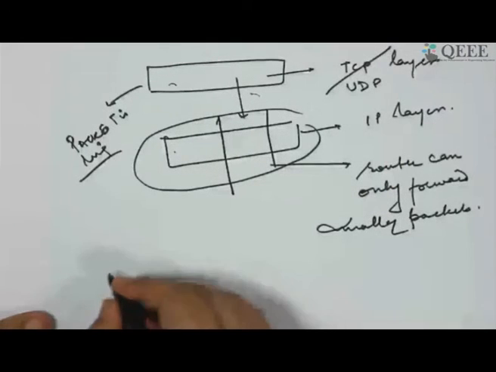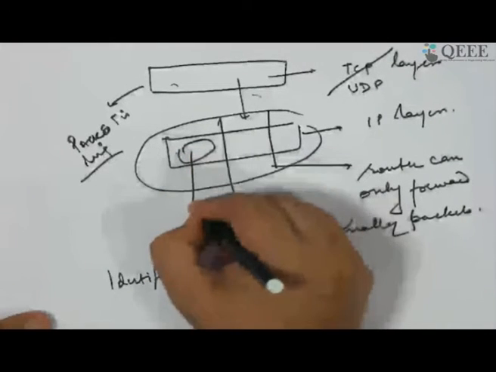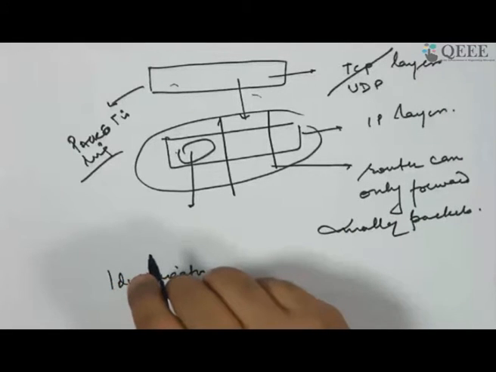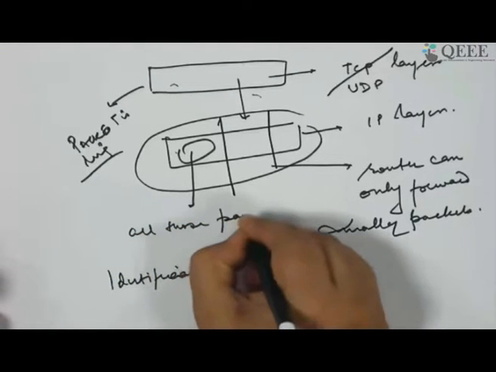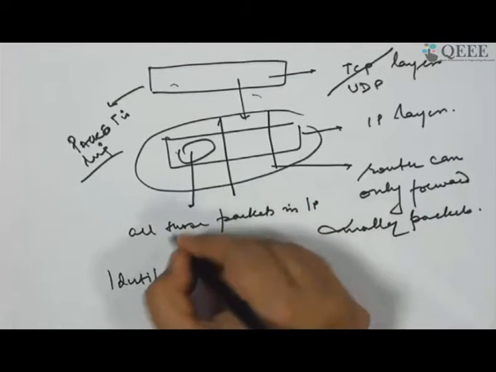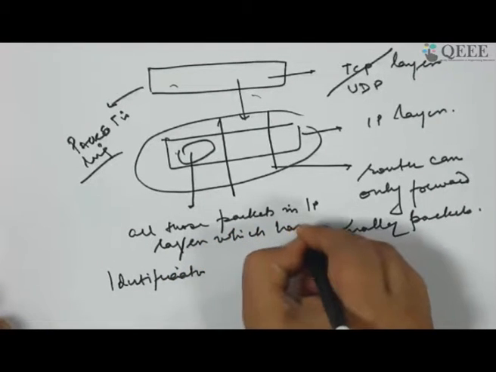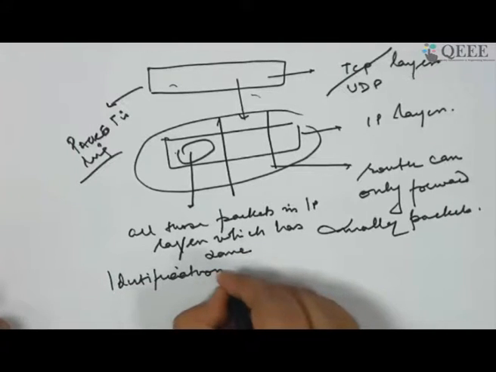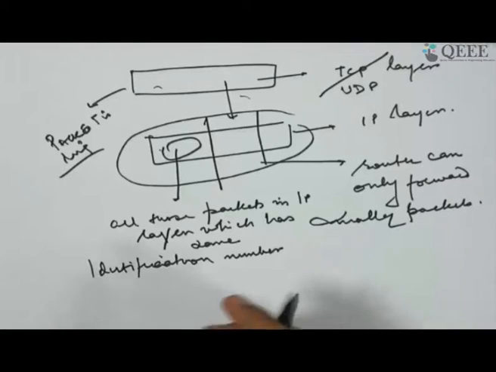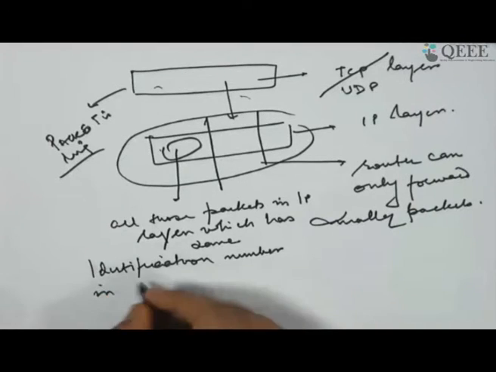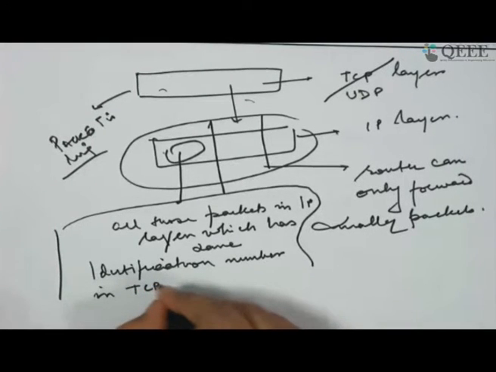So the identification field tells that all those packets in the IP layer which have the same identification number are actually part of the same packet in the TCP layer.